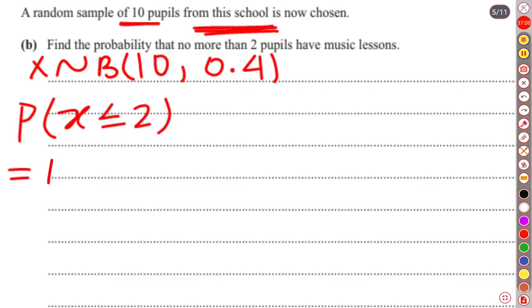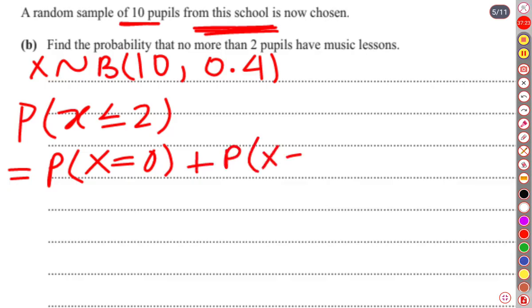So we have to find the probability when X equals 0, that means there is no music lesson, then if only one person has a music lesson, or when only two people, no more than two people.